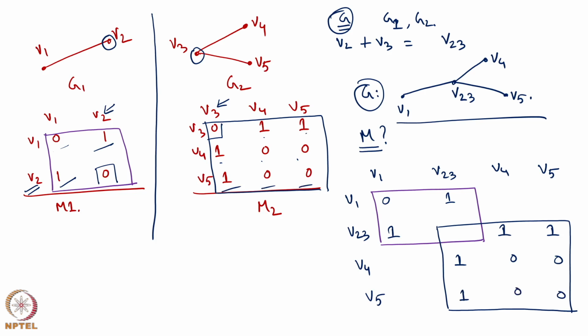Now, the question is what to write in this box. Find out from these two, here it is 0 and here it is 0. So, I will write here a 0. Next, whatever are the empty places in the final matrix, I will fill up with zeros, and by doing this the new matrix M is produced.